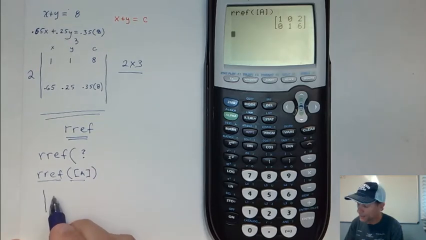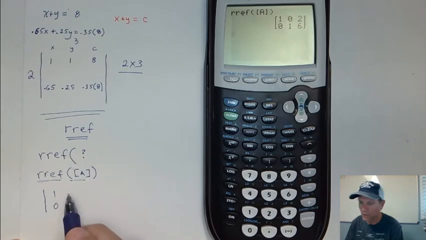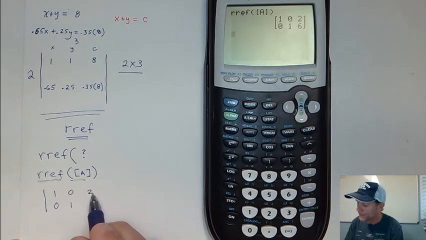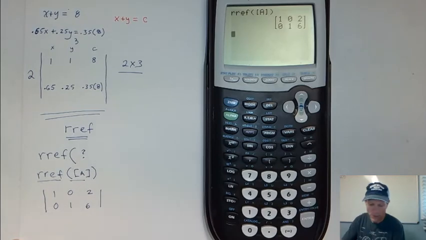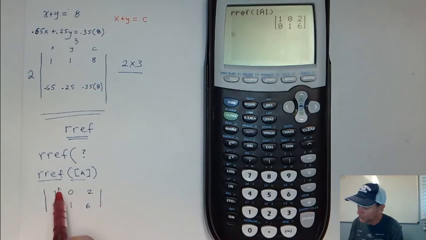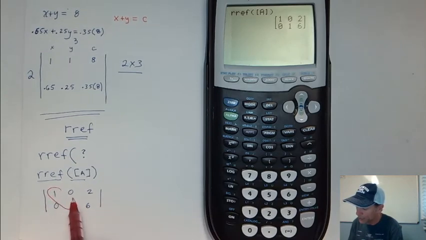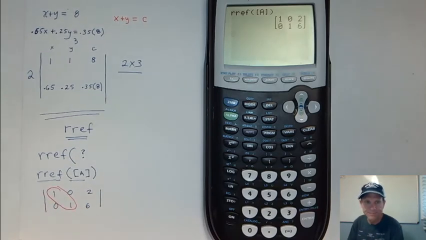So what I get here is a matrix that's in what's called reduced row echelon form. And on the back of your packet, it explains how to read these. But if you look, I first look for this diagonal 1, 1. If I see this diagonal 1, 1, I think, all right, good news.